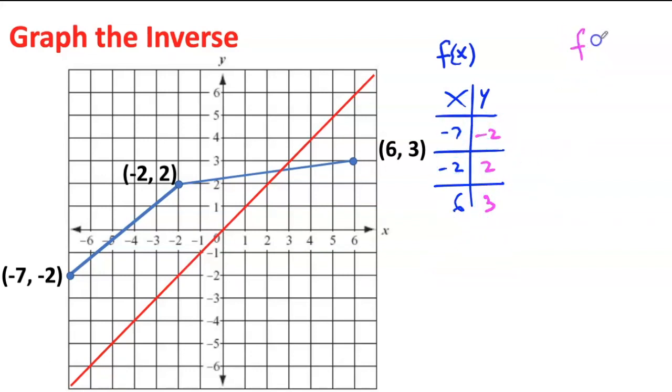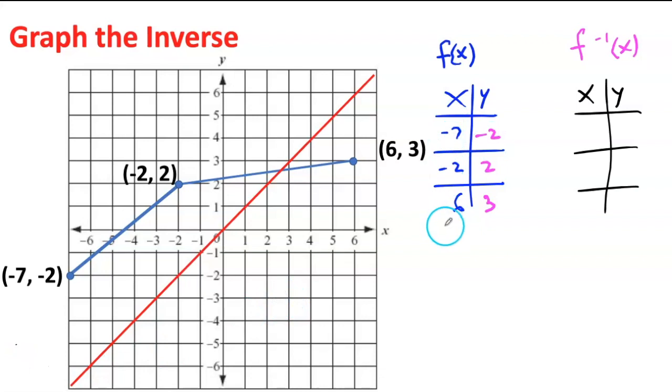Let's find the inverse function. To find my inverse function, I'm just going to flip the values. Whatever I have as my x values will become my y values, so my x for my inverse will become my y: -2 and 6. And my y values will become my x values.